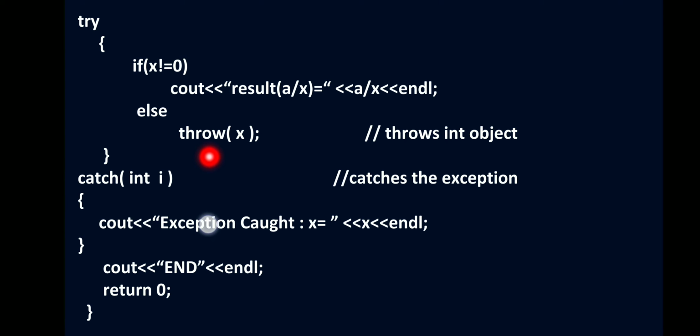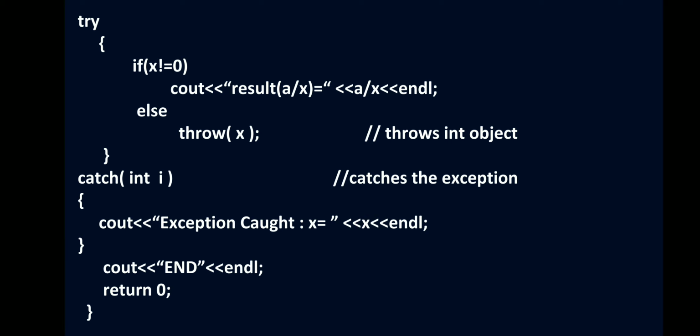X is an integer object, that means I am throwing an integer object. So the catch block should contain an integer argument. Whatever I have thrown in the try block is caught by the catch block, and my output will be: exception caught, X equal to 0.